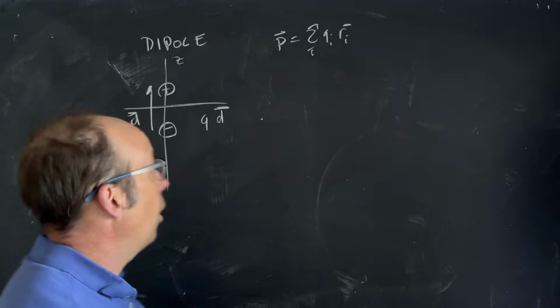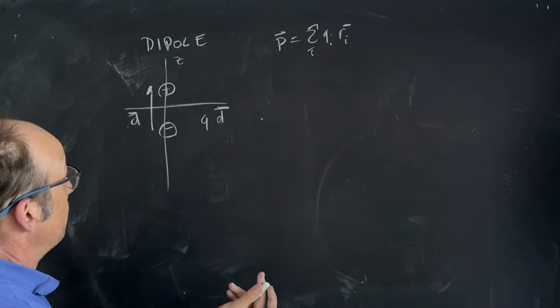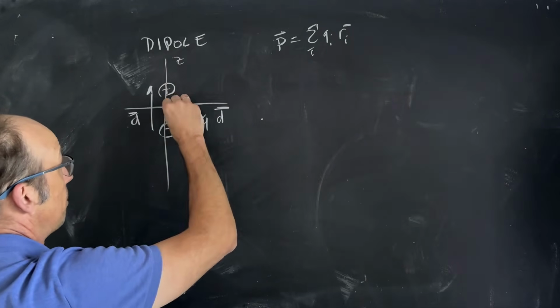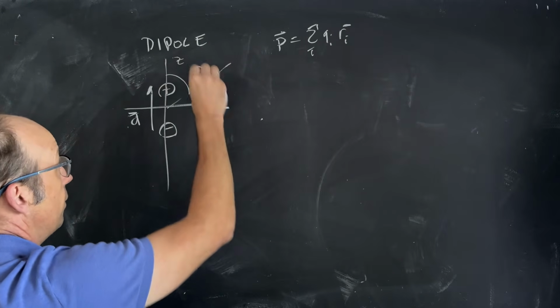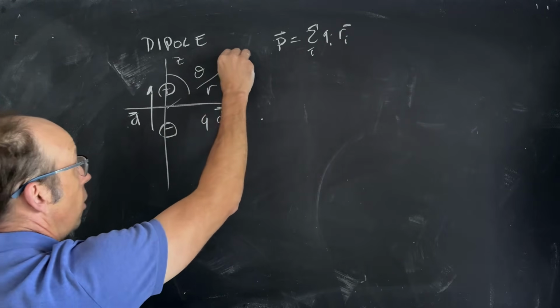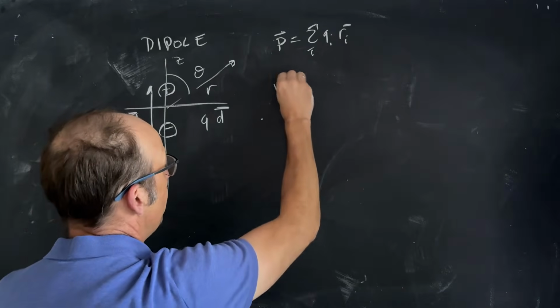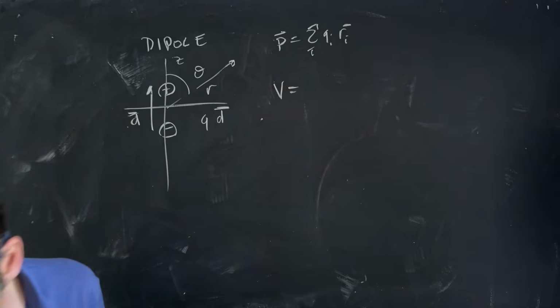How do we approximate the potential due to this dipole? So imagine that we switch this to spherical coordinates. This is the angle theta. This is the distance r. I'm not going to derive it. Okay, I've already done that. So V is equal to, I even forgot this one.